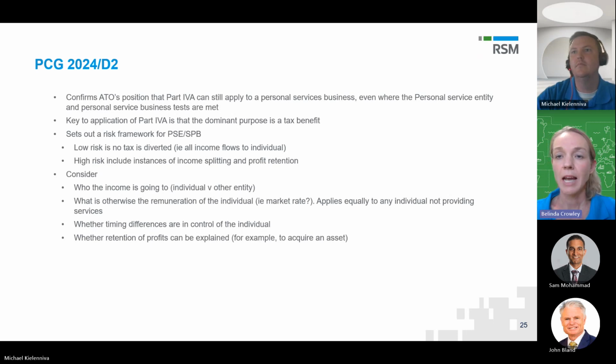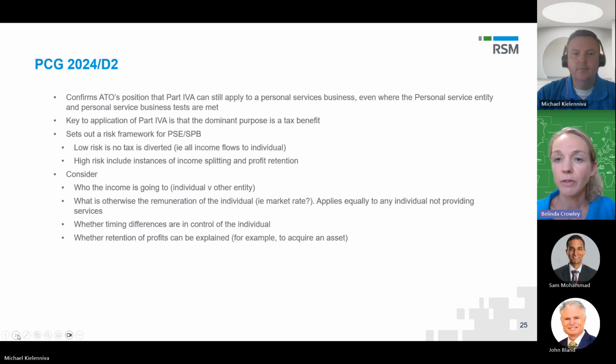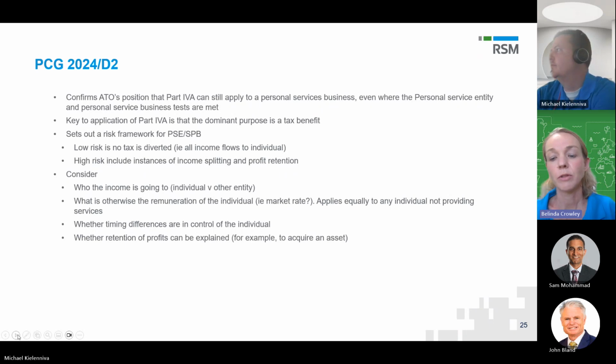So indicators of a low risk arrangement are where all the income that flows through that corporate structure ultimately and immediately flows up to the individual themselves who's doing the majority of the services. Another factor is that the remuneration received by that individual is commensurate with market value remuneration for similar services.